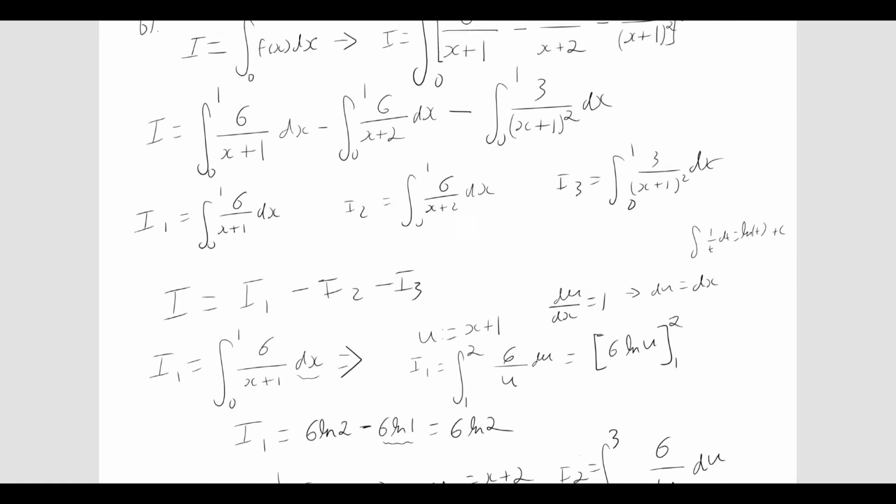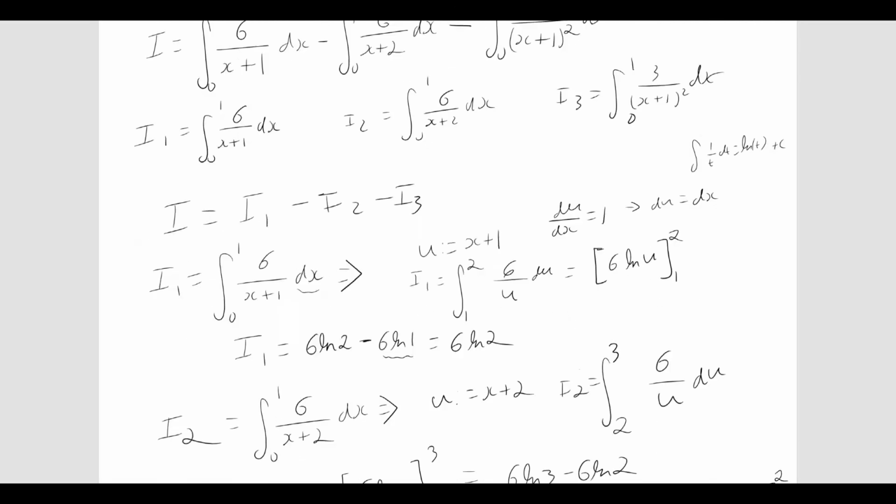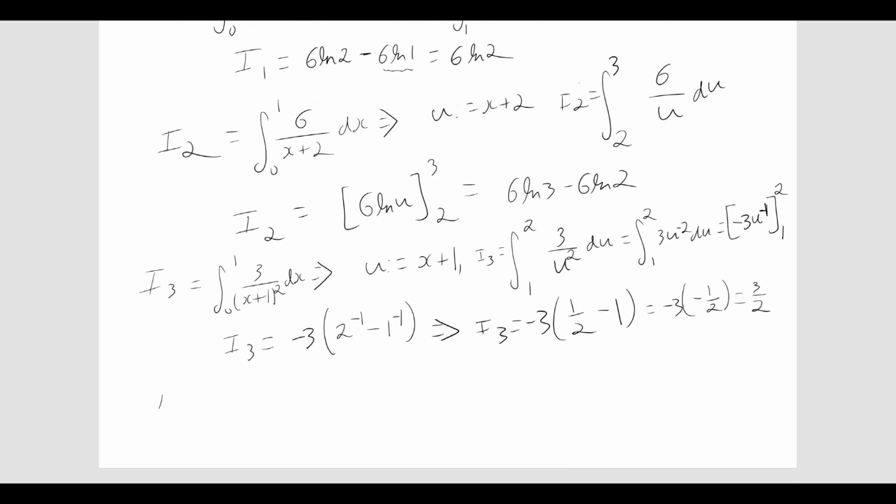And going back to the way I defined it, I is equal to I1 take away I2 take away I3. So I is equal to 6 log 2, take away I2, which is just 6 log 3 take away 6 log 2, take away I3, which is 1.5.